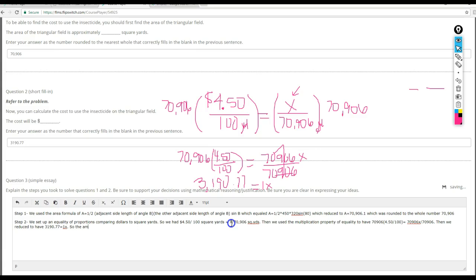So the amount of money paid for insecticide to cover 70,906 square yards is $3,190.77.